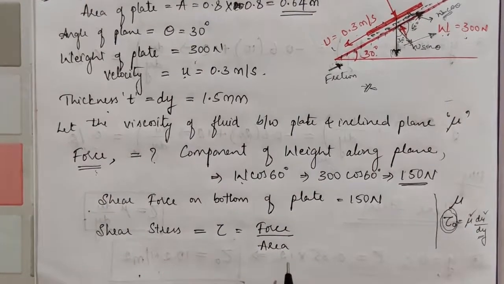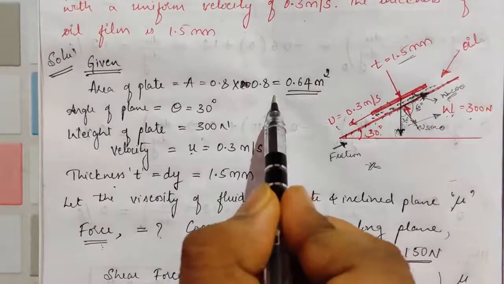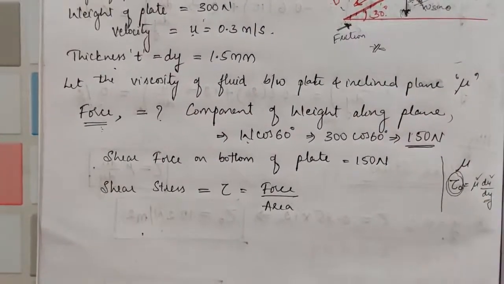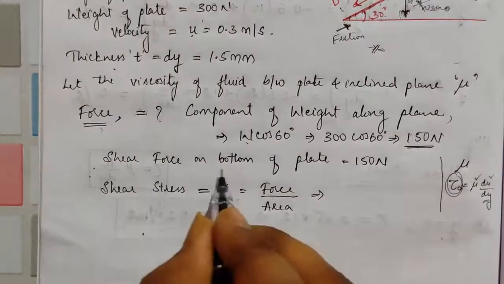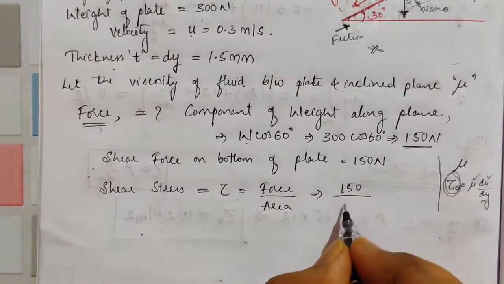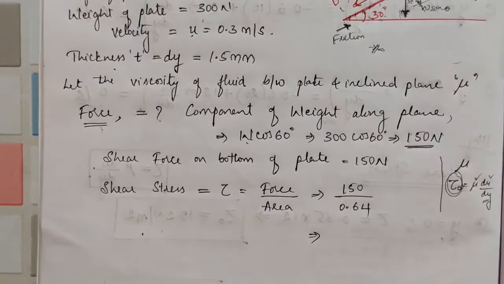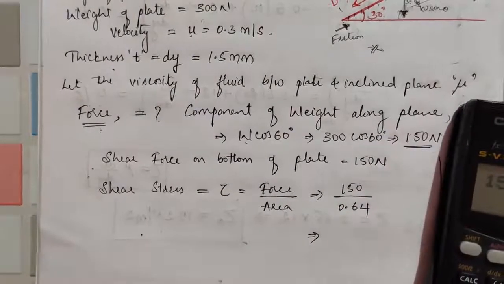Okay, this insight should come to your mind whenever area is given, because indirectly he is giving you the shear stress. So what will be the force? Force is 150 Newton divided by area 0.64. So your 150 divided by 0.64.